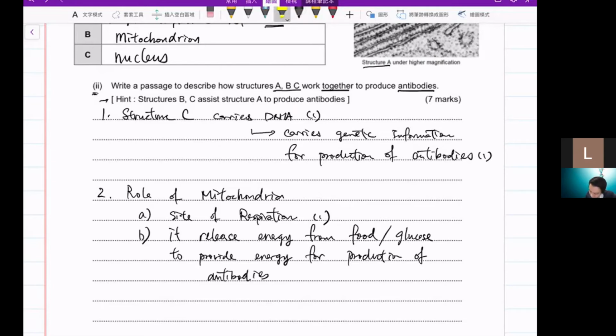Okay, so as I emphasize again, the relationship of different organelles is important.